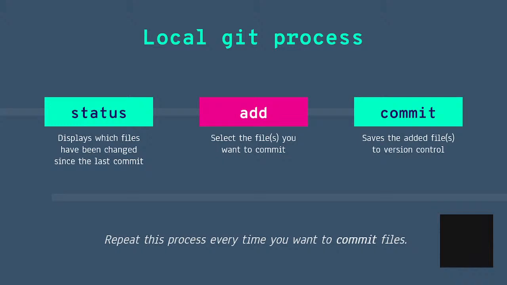And so that's essentially the purpose of the add step of committing a file, is selecting which files you actually want to commit. A lot of times developers will just always say add all. They'll use, I think it's period, to add all. And they never really think about selecting certain files. It's kind of a reckless practice. It's easy to do, but that's sort of the intention behind adding.